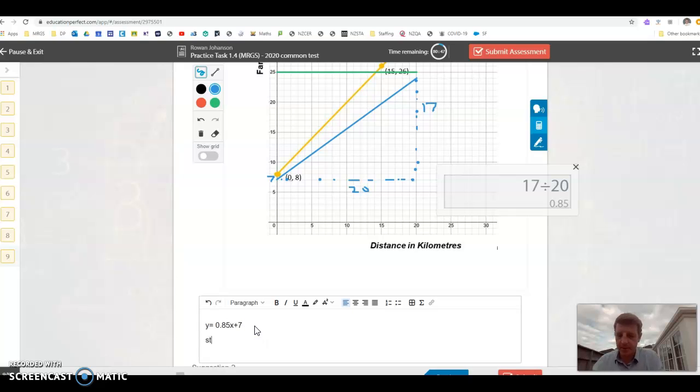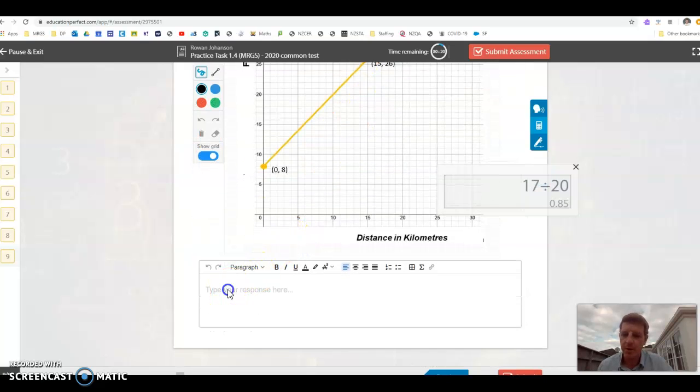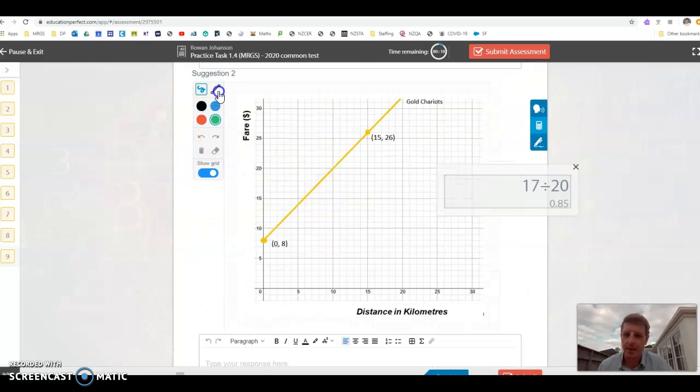And I can say this starts $1 cheaper than gold taxi, and at 20 kilometers is $1 cheaper than green taxis. That's one option. It's a nice straight line. Starts $1 cheaper, ends $1 cheaper. That's the first way. The second way is we're going to look at a two-part line.